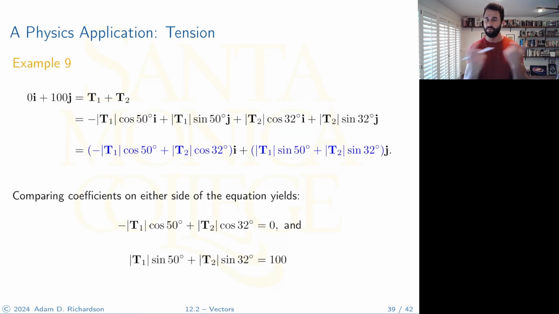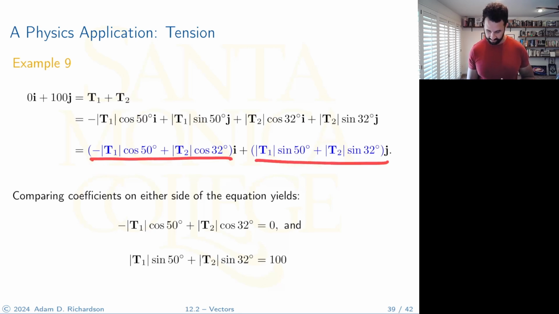Now we're going to move things around and combine like terms. So if I combine the I terms, or the horizontal components, and I combine the j terms, or the vertical components, then I get this. And this process should look familiar, maybe from something like partial fraction decomposition or solving systems of equations. But here's what we know. Look up here. We know that the scalar associated with I, the component of I, is 0.